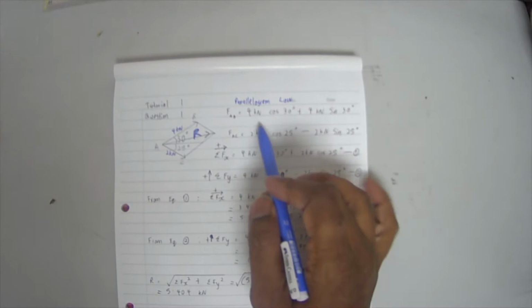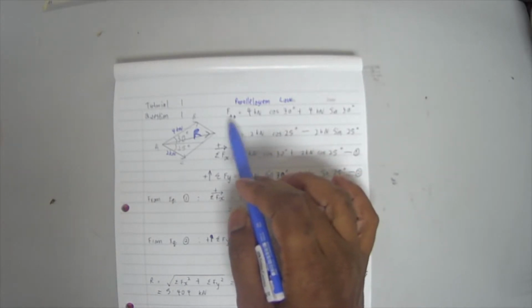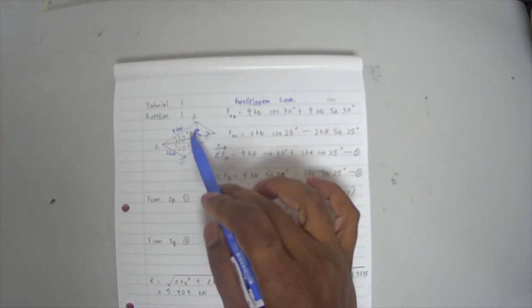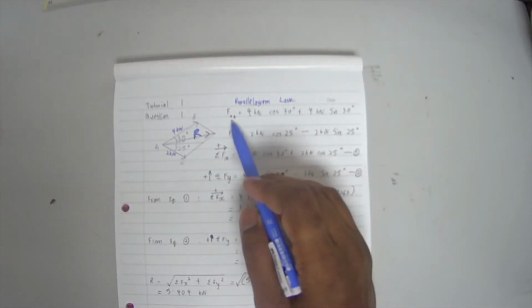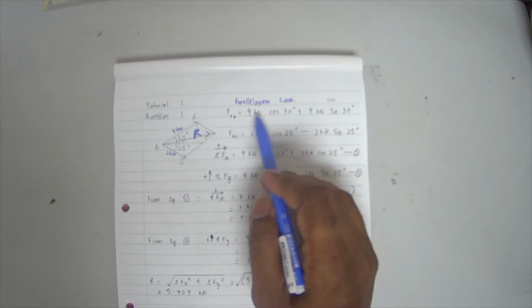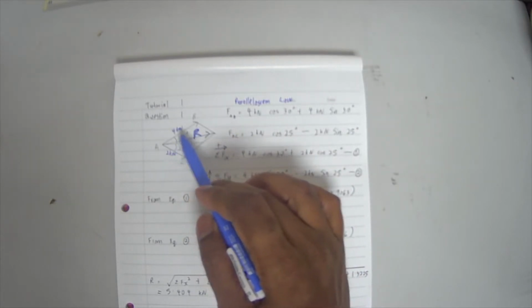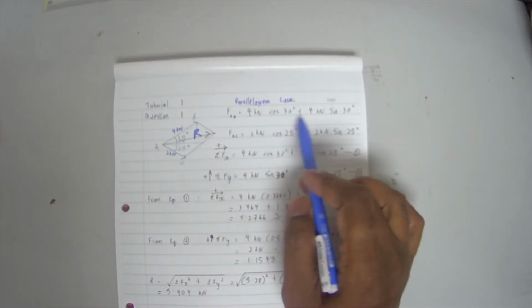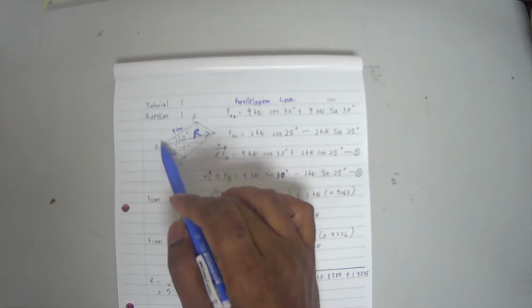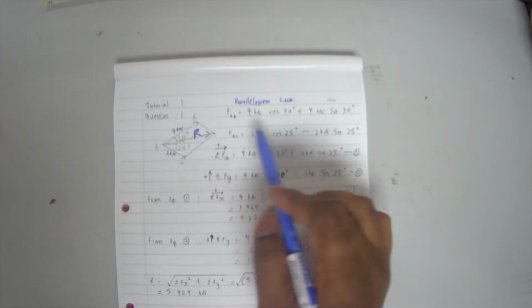For the parallelogram law, we will solve the forces according to the axes. For AB, 4 kilonewton cos 30 for the x-axis, plus 4 kilonewton sin 30 for the y-axis.